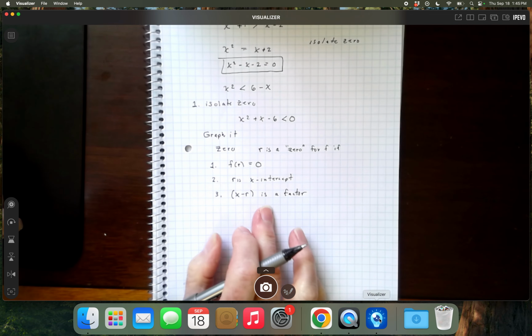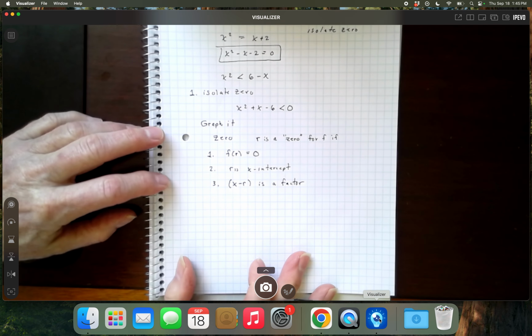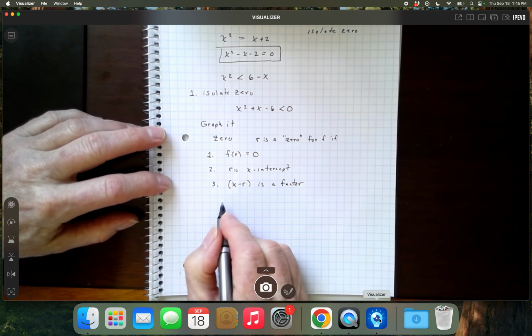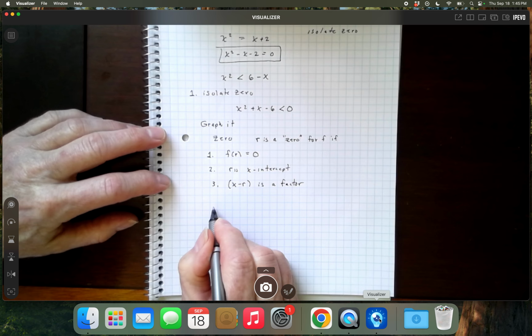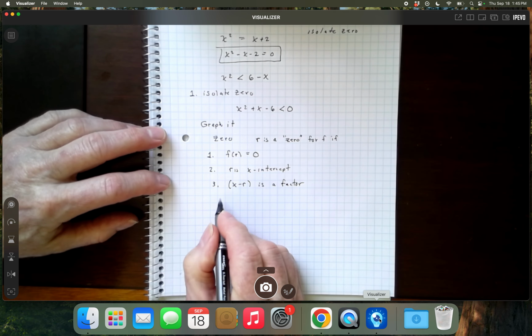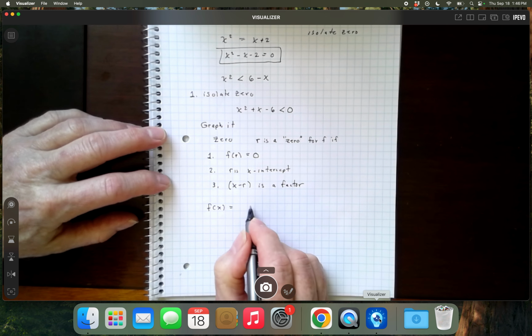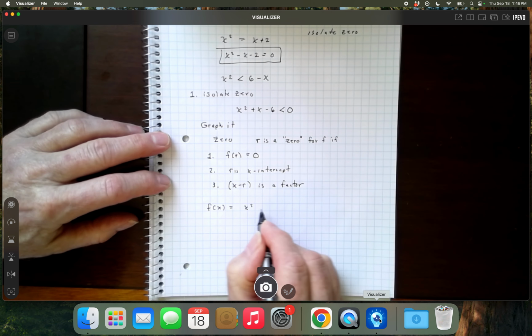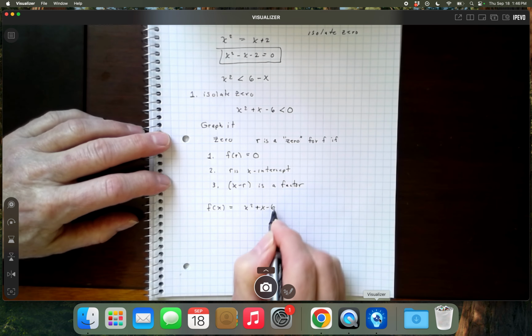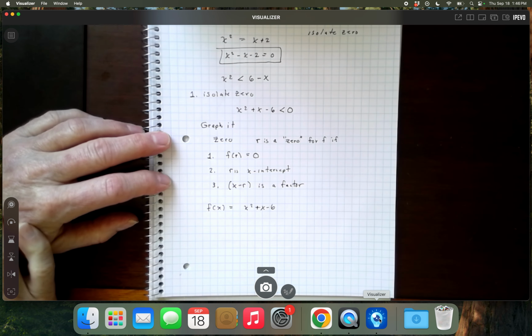Most likely we kind of know this, but we get to prove that in chapter 4. So let's give a simple example. It doesn't have to be quadratic, but suppose I have f of x is equal to, I'll go with the one that we just did, x squared plus x minus 6. Let's find the zeros for this.